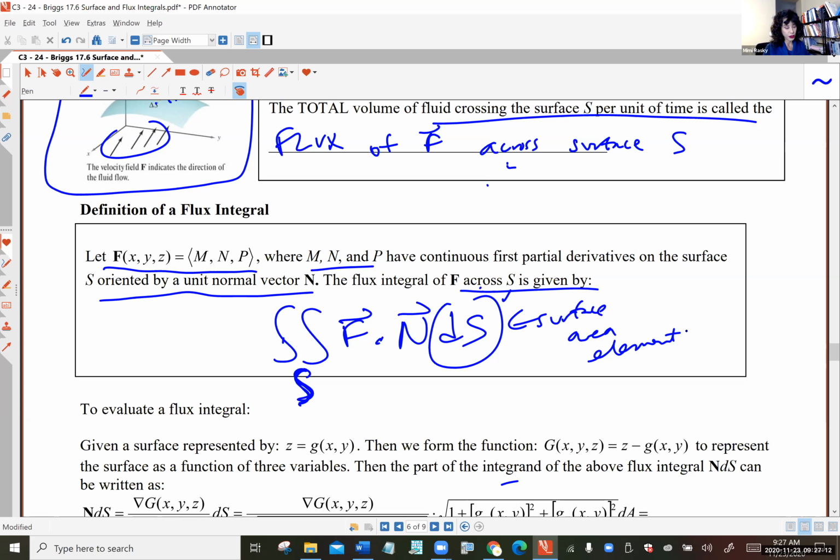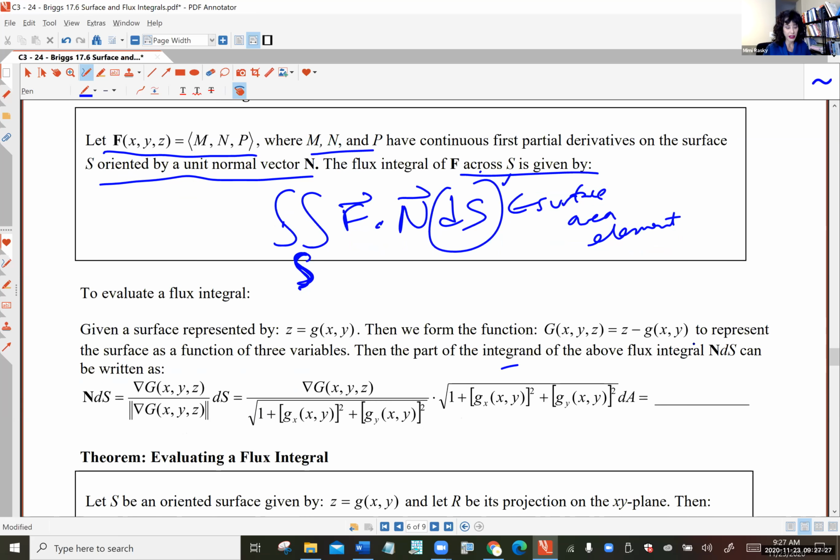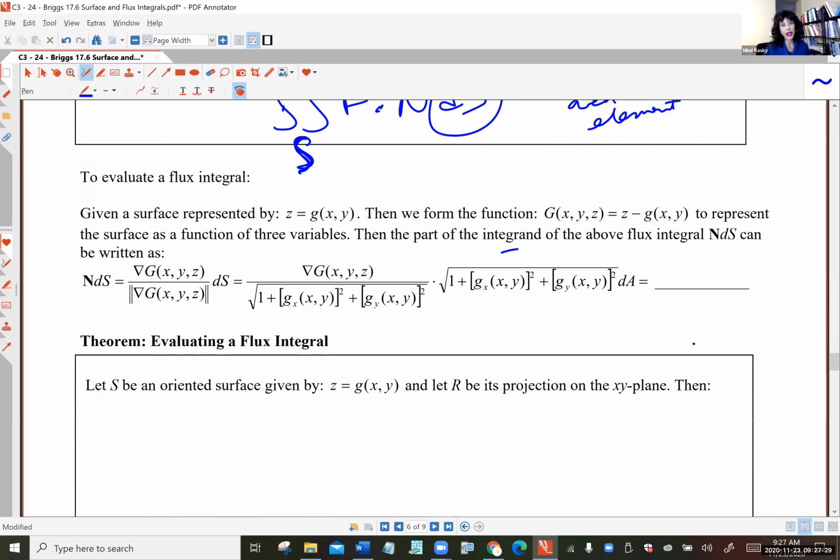You only have to do that for scalar surface integrals. For flux surface integrals, you don't have to. It's going to go away, just like when we ended up with an F dotted with dr line integral, where the little arc length element got canceled out. The similar thing happens here with these vector flux integrals.